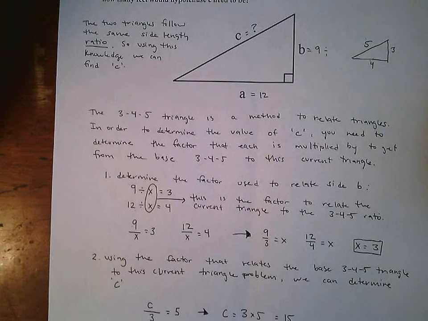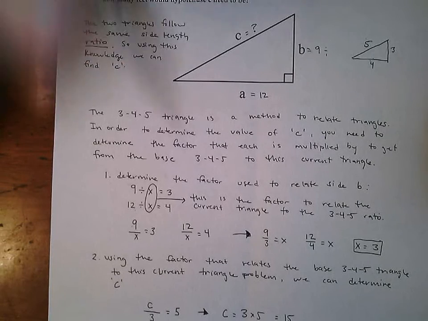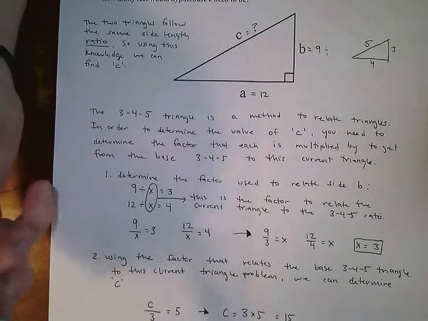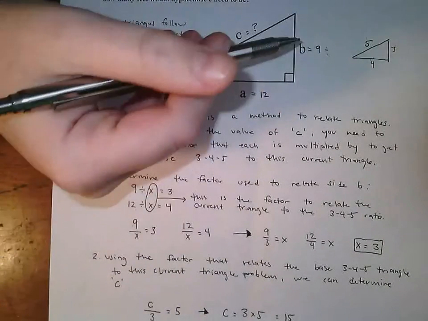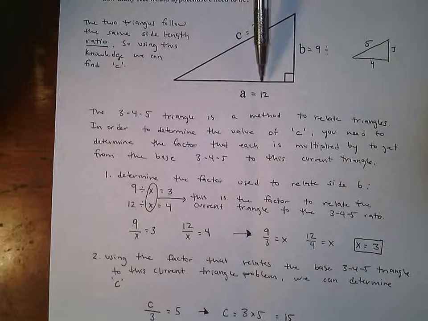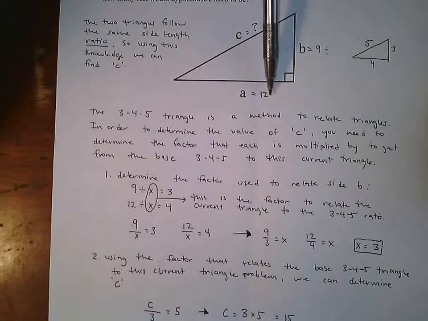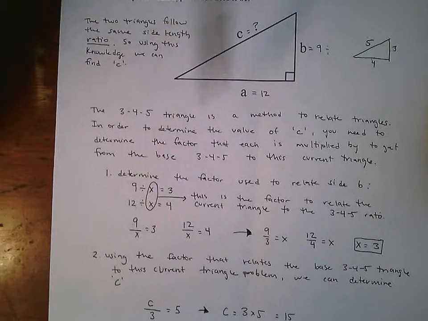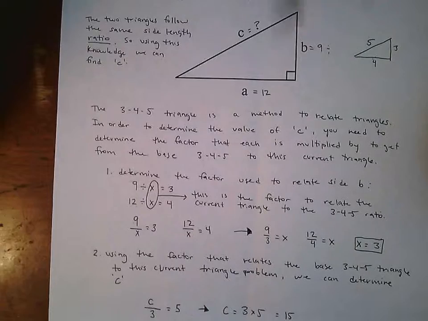But just in case I've made a mistake somewhere, or you have a more challenging triangle that you need to figure out, let's also check a, just to make sure that these relationships actually make sense. Going back, what do we have to divide 12 by to get to 4? I'm going to do the exact same thing that I did for side b.